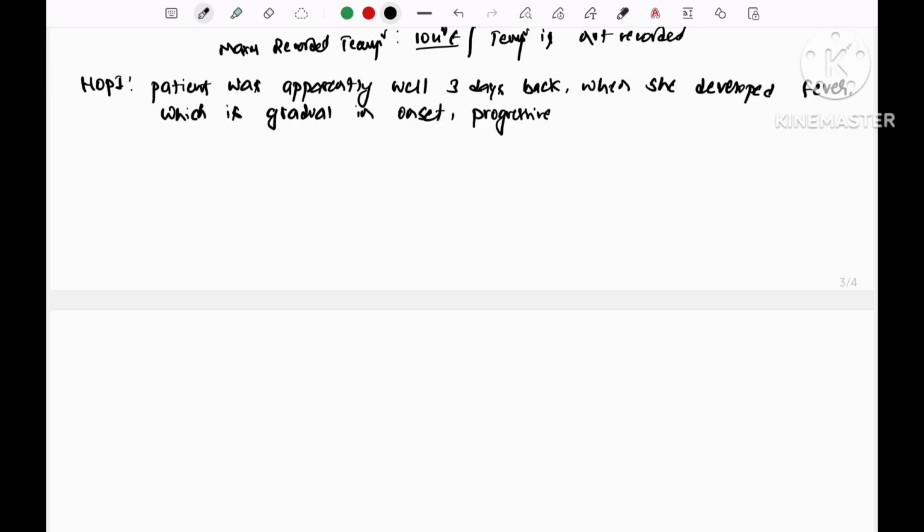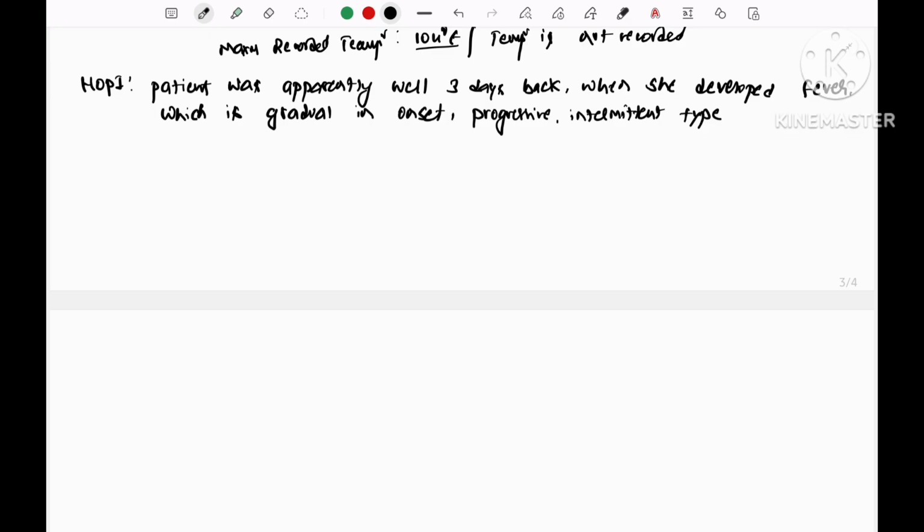That is the progressive onset, progression, and D means duration. The fever is intermittent type, and there are some special characters of fever also, like the step ladder pattern, which is present in typhoid.